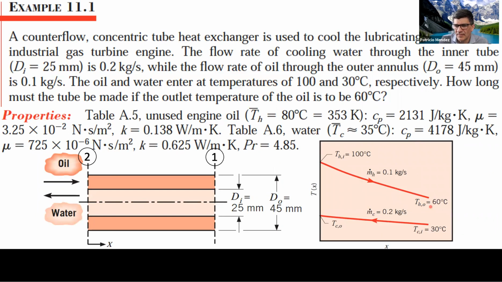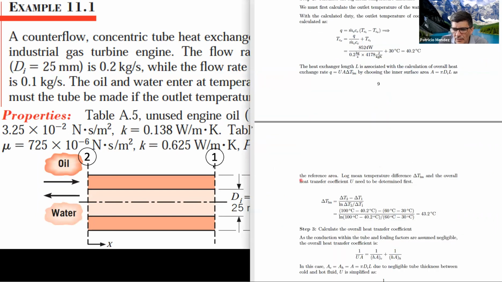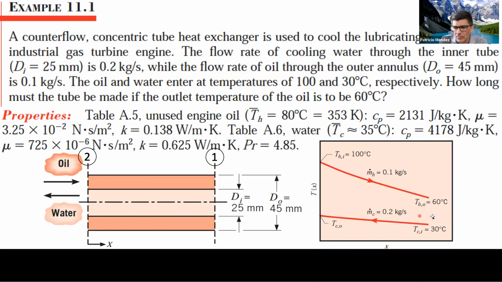Let's say delta T1 is here on the right, and delta T2 is here on the left. You can call them 1 and 2 and flip them, it's all the same, but we stick with it.